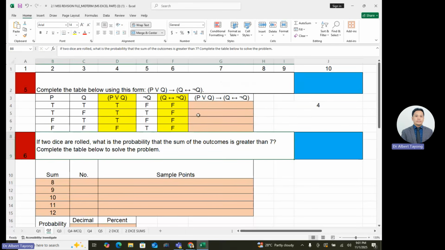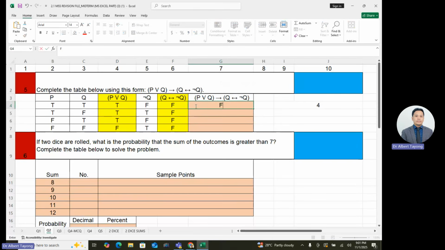Only TF is false. The rest is true. So the first one, true, false: if true, then false, the answer is false. Here we have TF again, false. Here TF, false. Here we have FF, true. Okay, so this is the final answer.